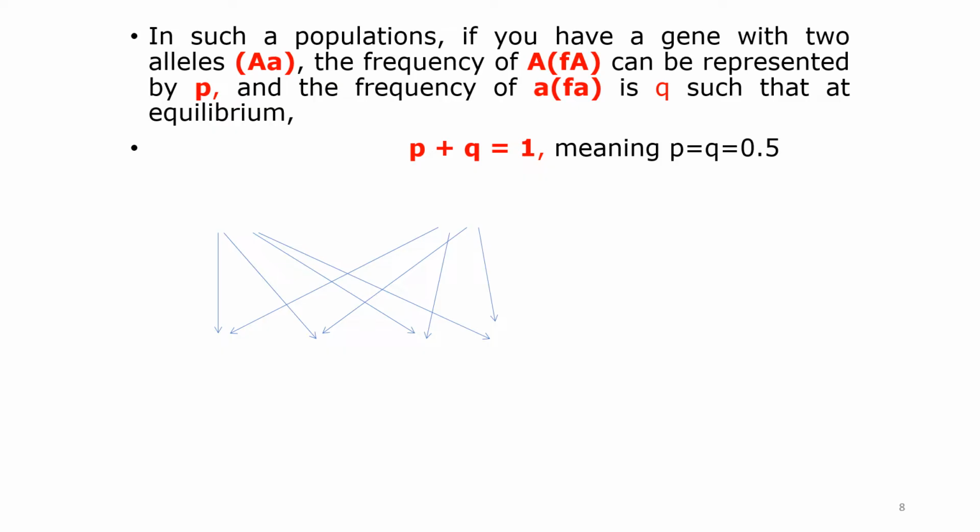The implication is that p is half of the entire frequency of genes in that population. So p should be equal to q, and this is equal to 0.5.